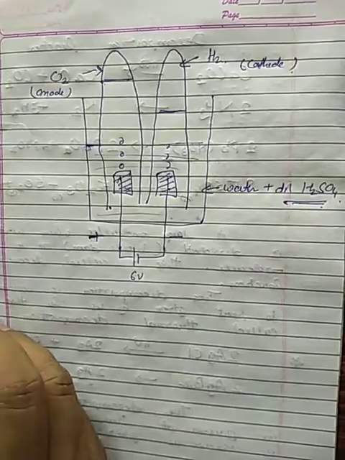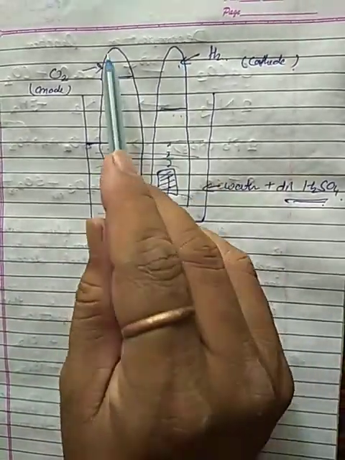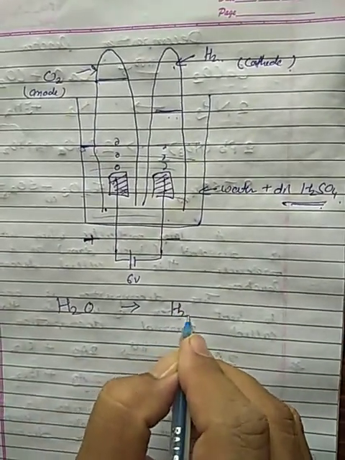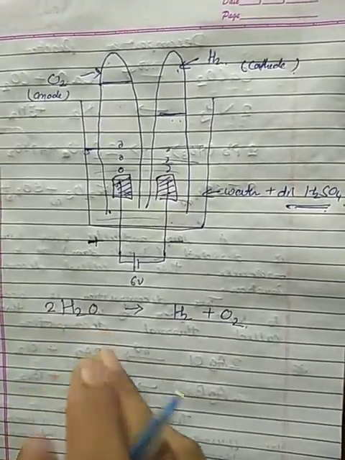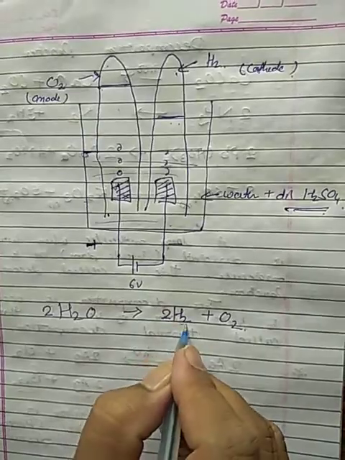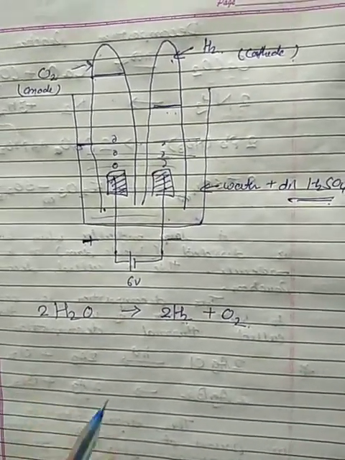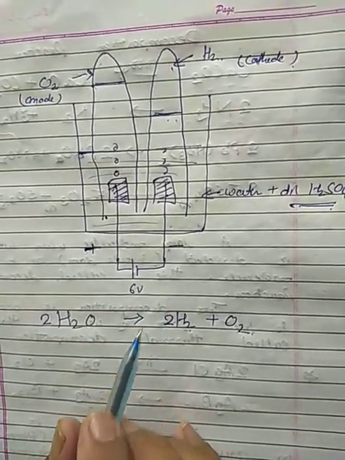Again the question arises: the quantity of hydrogen gas is double that of oxygen, because when H2O is decomposed into H2 and O2, two molecules of H2O give you two molecules of H2 and one mole of O2. That's why the quantity of hydrogen gas in this decomposition is double.